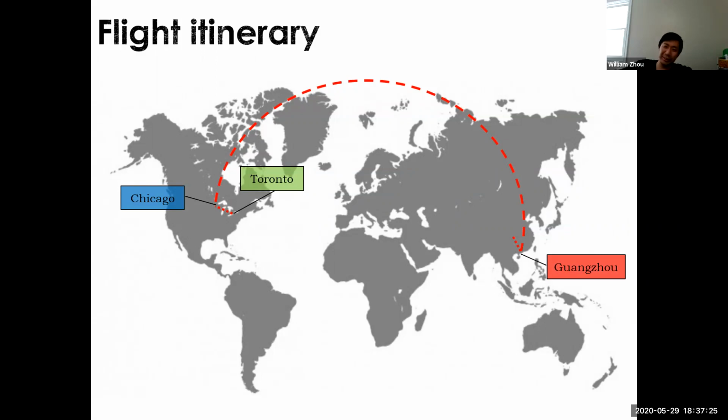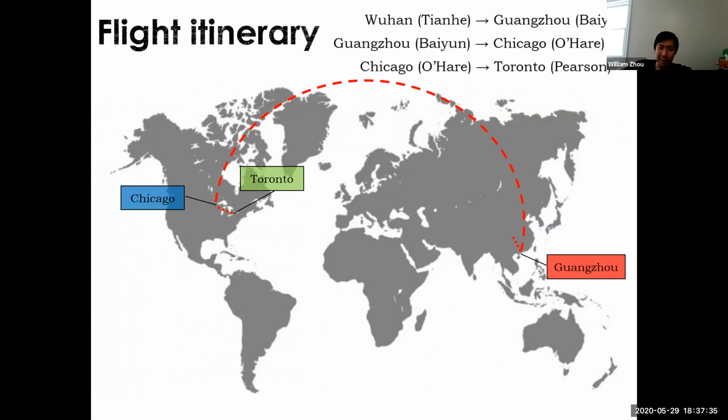Oh, cool. So I spent the week in Toronto. That was a fun time. And then I have to go back to Wuhan to teach. Wait, before I do that, here is the itinerary. First I started from Wuhan. I went to Guangzhou. That's the first equation. From Guangzhou, I went to Chicago. That's the second equation.